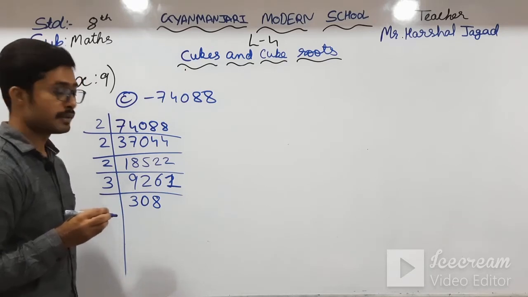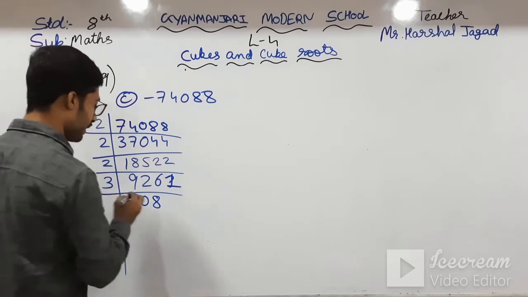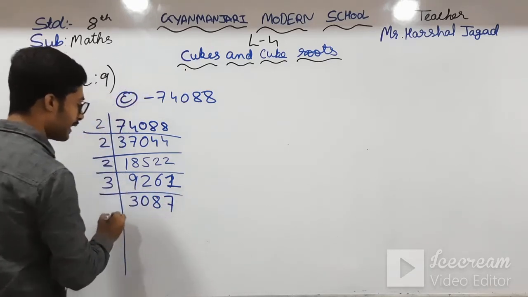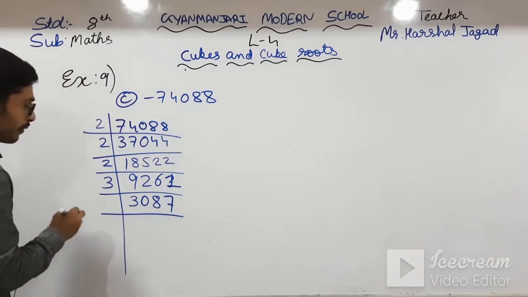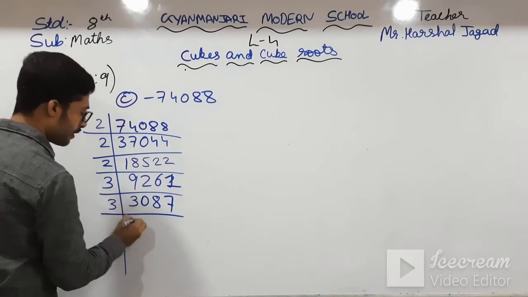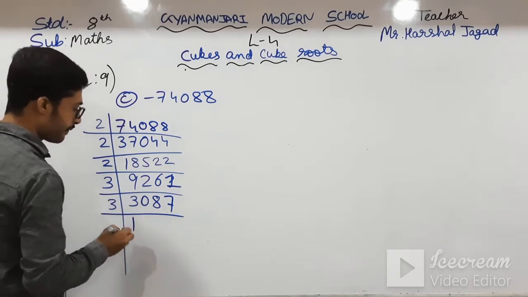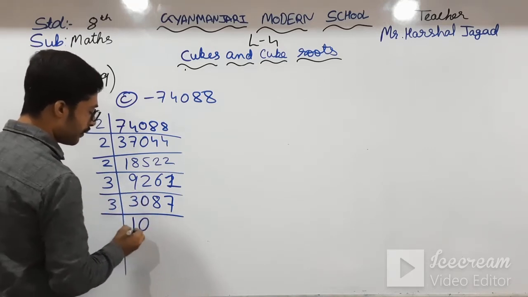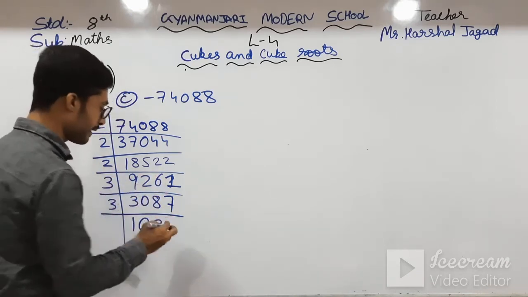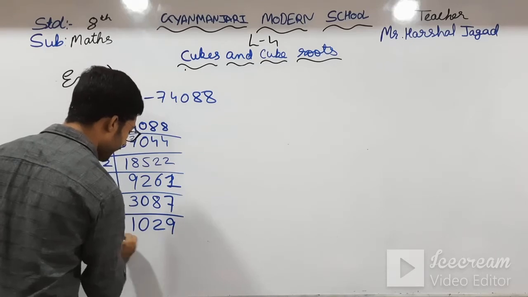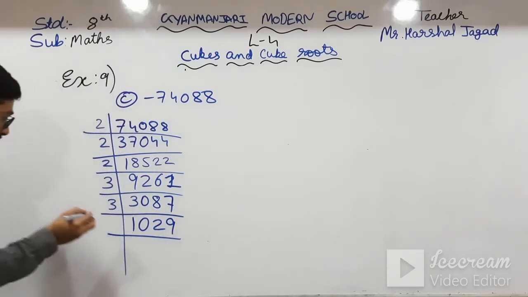Then what will come? 21. 3 7s are 21. Again it will go with 3. 3 1s are 3. Here 0. 3 2s are 6. 2 remaining, 27.